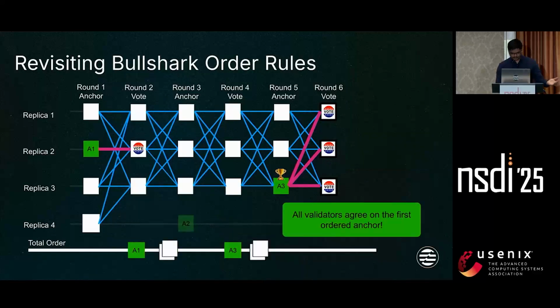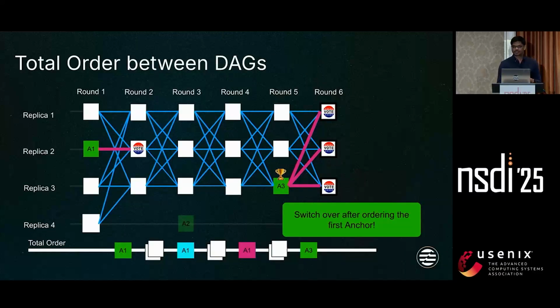So A1 will be committed first by all replicas, followed by A3. This offers us a natural switching point for the 3 DAG approach. Whenever A1 gets committed, we can switch over to the next DAG, commit its A1 or whatever anchor it is, and then switch to the 3rd DAG and commit its A1, and so on.